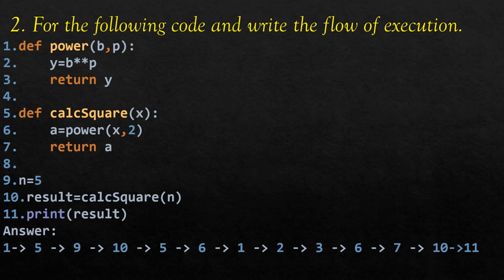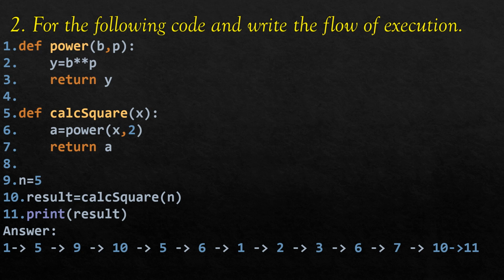So it will again go back to line number 5, where the function is defined. After executing line number 5, it will go inside the function definition and encounter line number 6. There again it will find that another function power is called. So it will search for that particular function definition. So it will go back to line number 1, the function definition of power.